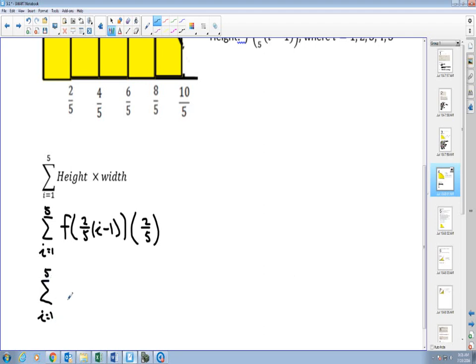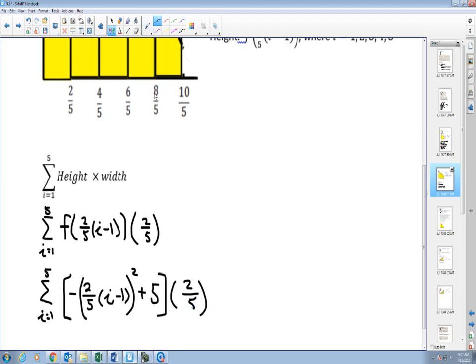That was negative x squared, so substituting 2 over 5 times i minus 1 as my x, and that has to be squared. Don't forget plus 5. And these were multiplied by 2/5. To help you out, the function is negative x squared plus 5.